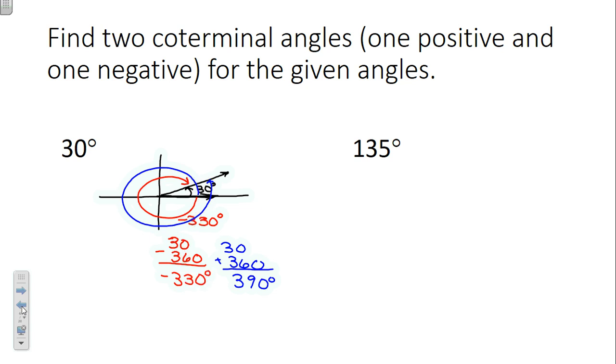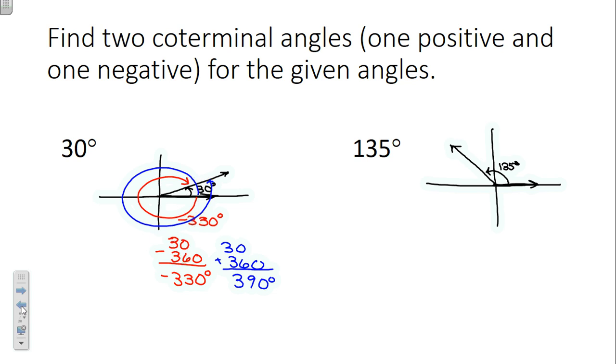Make sense? Okay. 135. What does 135 look like? Initial ray is the positive x-axis. Where's my terminal ray? Halfway between in the second quadrant. So this is 135 degrees.